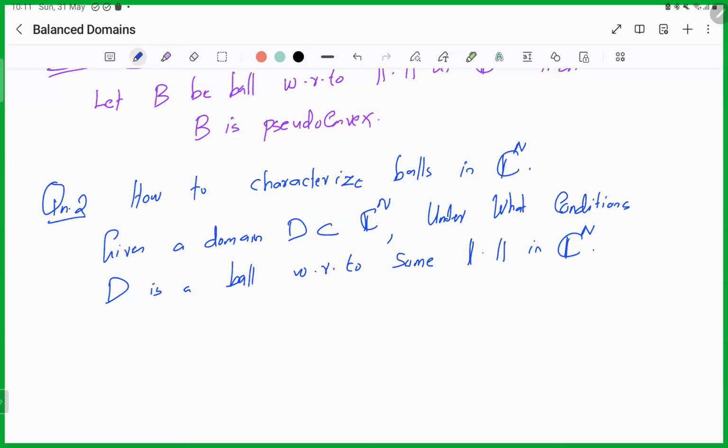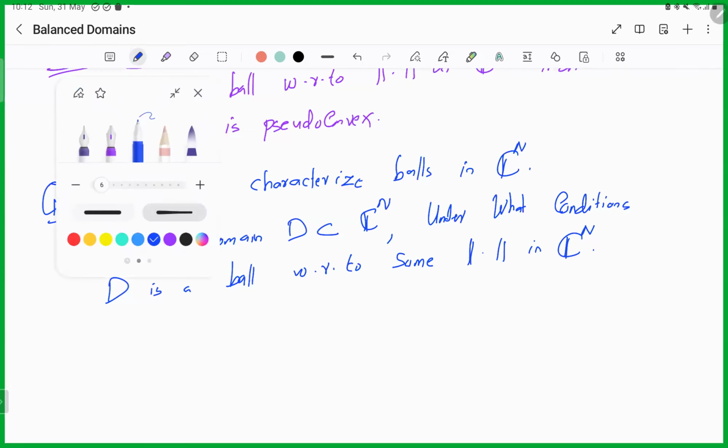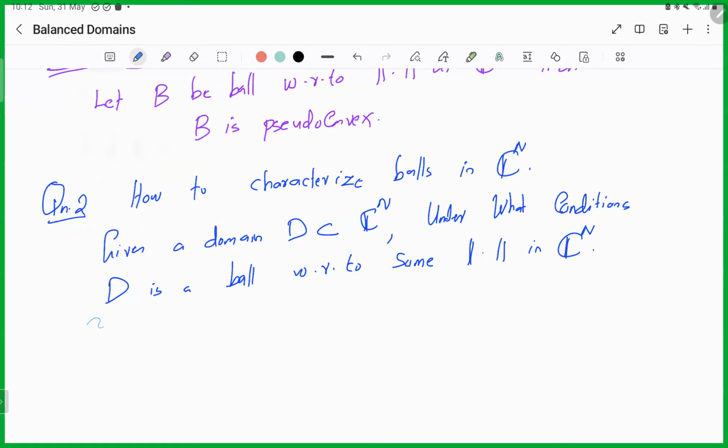How to characterize? First of all, we look at what the properties are. If D is a ball, then what are the properties? Suppose D is a ball with respect to some norm in C^n.